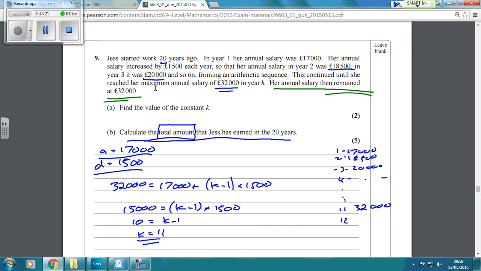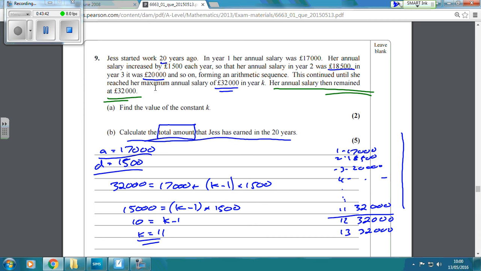Then you've got the 12th year, which again stays at 32,000. So it's no longer an arithmetic sequence. So what we've got to do is work out the sum up to this point here, and then we're going to have however many lots of 32,000 after that.